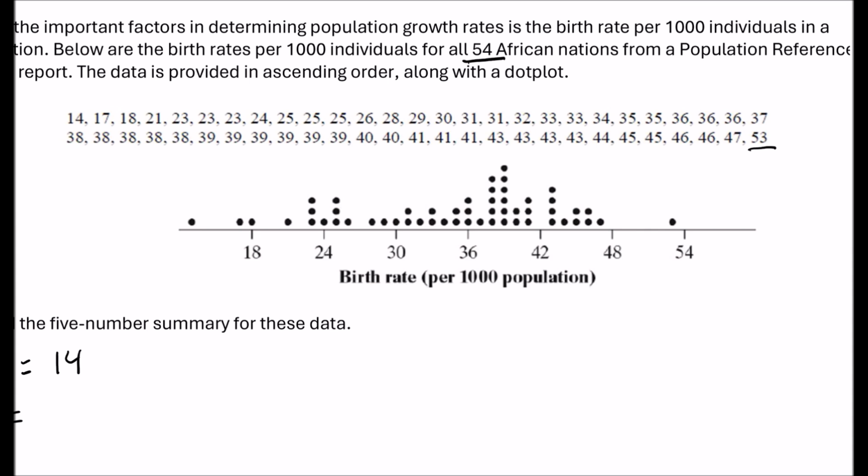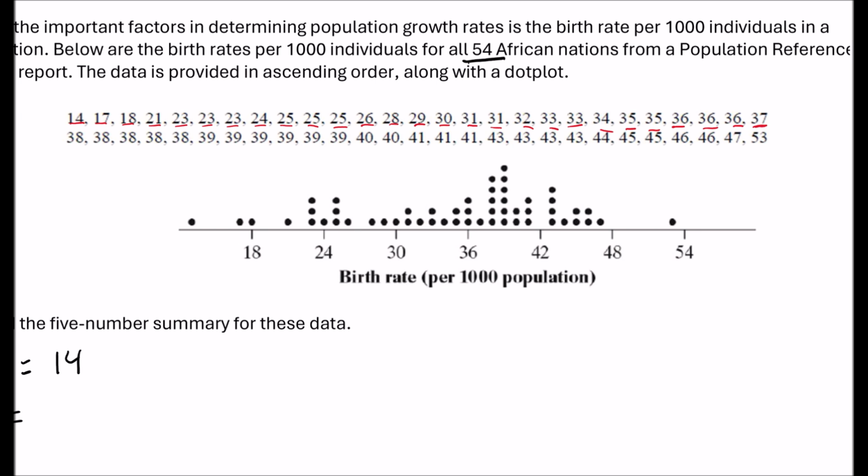So between the 27th and 28th, they actually divided it up for you. So it's like 27 and 27.